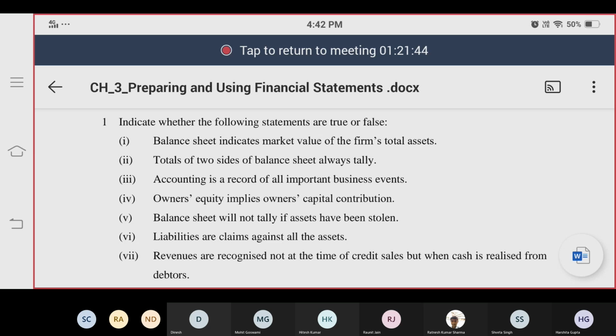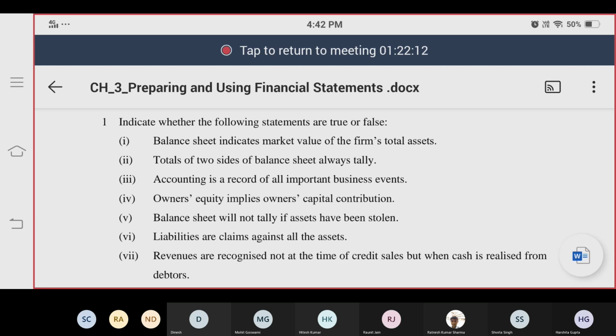First, our promoters, our shareholders had given us money, and from that we had cash. Because of that, we bought different kinds of assets. So the people who have given us money have a claim on the assets. Liabilities are basically the people who will have claims on the assets.